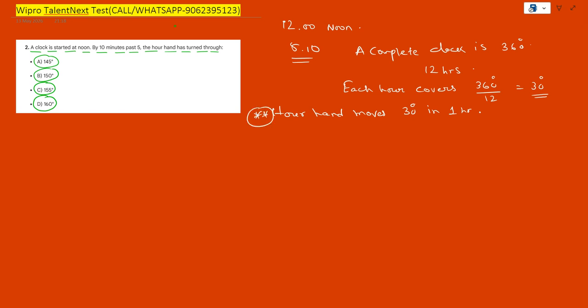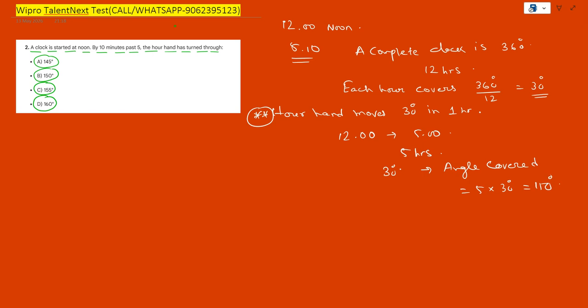Now, from 12 to 5, the hour hand passes 5 hour divisions. Now, each division is 30 degree. So, angle covered is 5 into 30 degree, that is 150 degree.